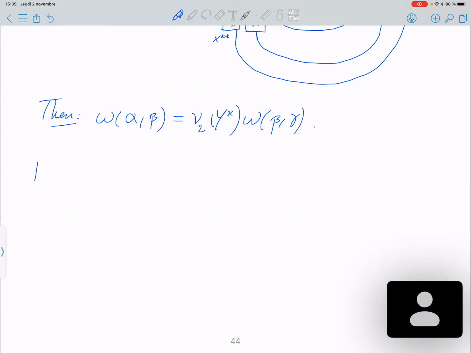So, proof. We will use what we called Lemma 2.4. So what was this Lemma 2.4?